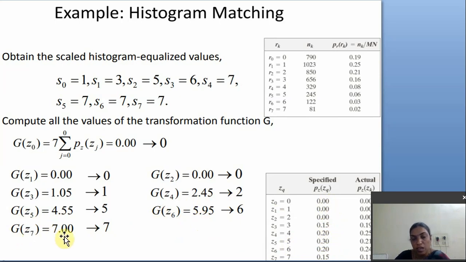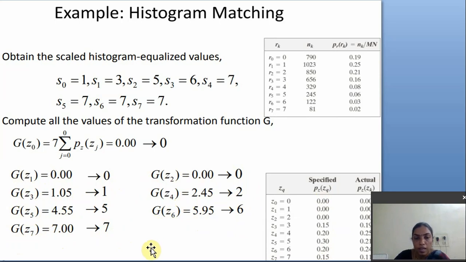Similarly G of z7 adds all these values, into 7, giving 7. After rounding off, G of z0 is 0, G of z1 is 0, G of z2 is 0, G of z3 is 1, G of z4 is 2, G of z5 is 5, G of z6 is 6, G of z7 is 7.